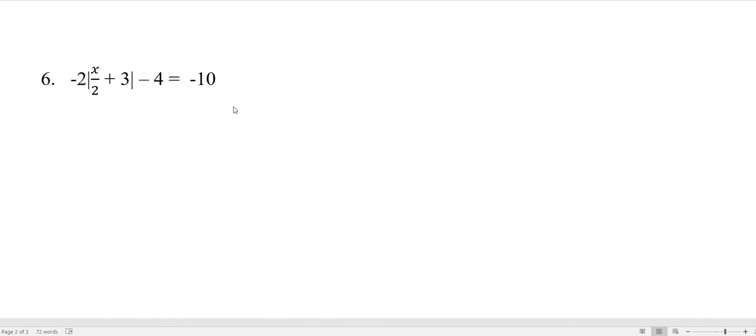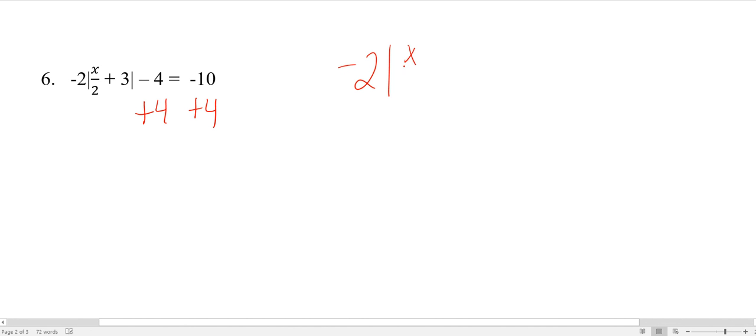Pause the video and try number 6 as well. All right, so on number 6, I am going to add 4 to both sides. Now this is just like solving an equation. Negative 2 times the absolute value of x over 2 plus 3 is going to be equal to negative 10 plus 4, which is negative 6.